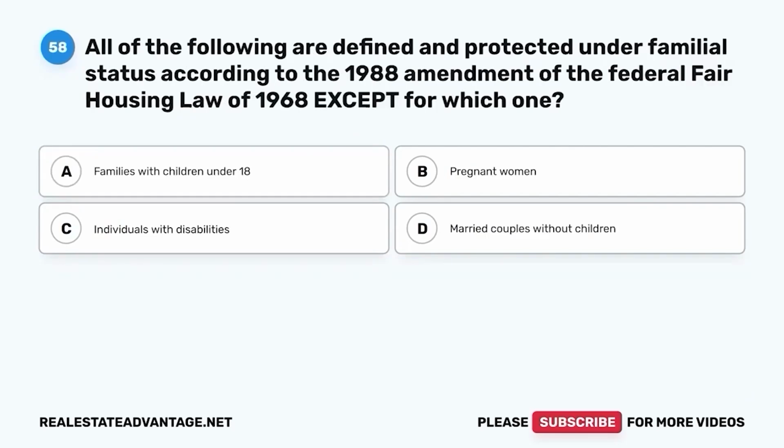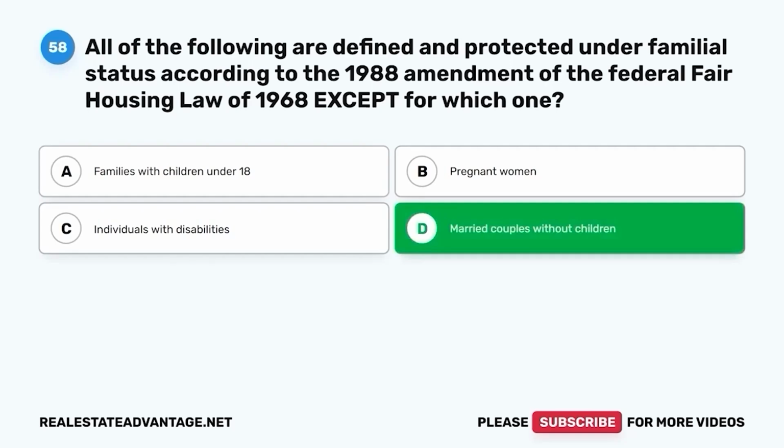Question 58. All of the following are defined and protected under familial status according to the 1988 amendment of the Federal Fair Housing Law of 1968, except for which one? A. Families with children under 18. B. Pregnant women. C. Individuals with disabilities. D. Married couples without children.